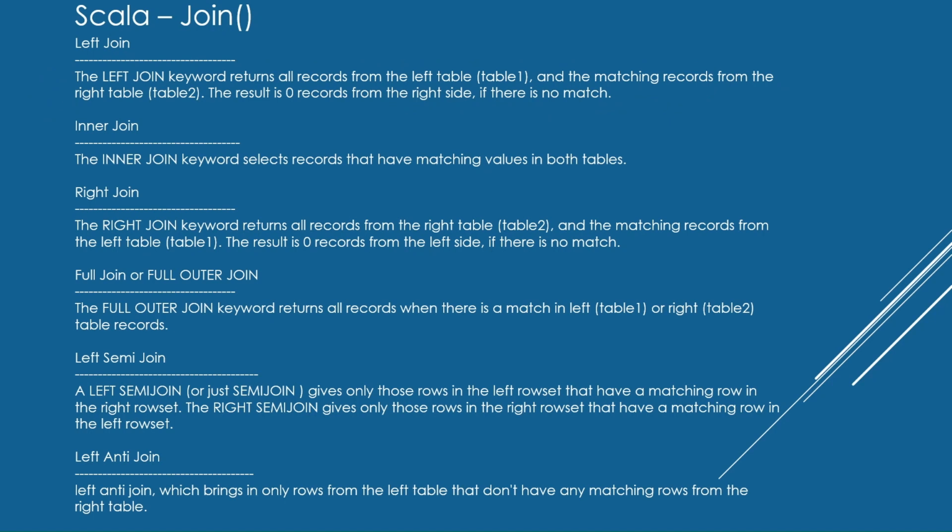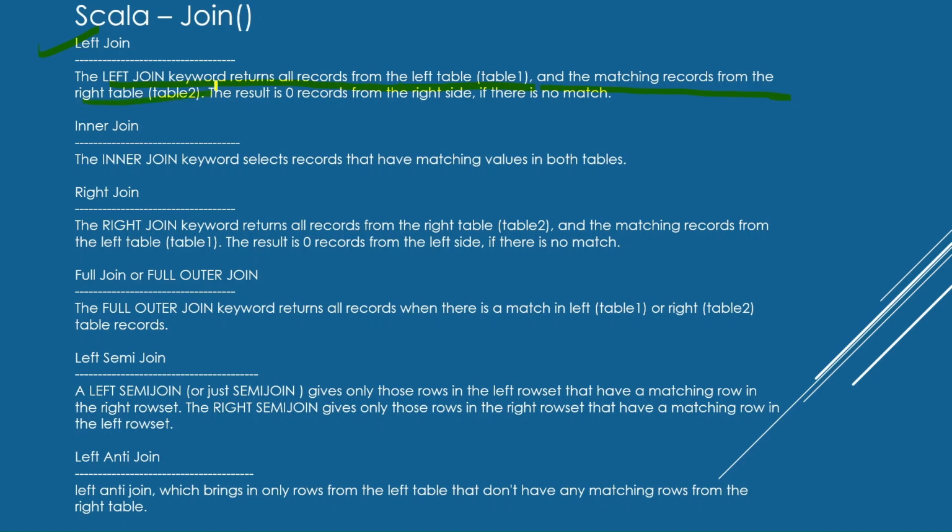Before jumping into the implementation, let's talk about the different kinds of joins briefly. Let's discuss the left join. The left join returns all the records from the left table and the matching records from the right table.